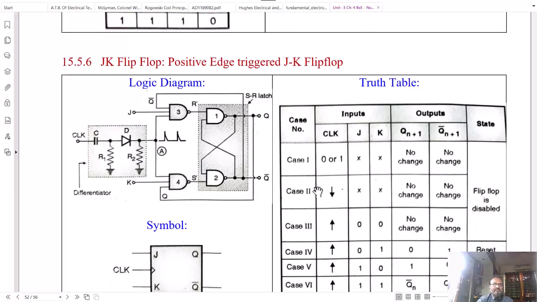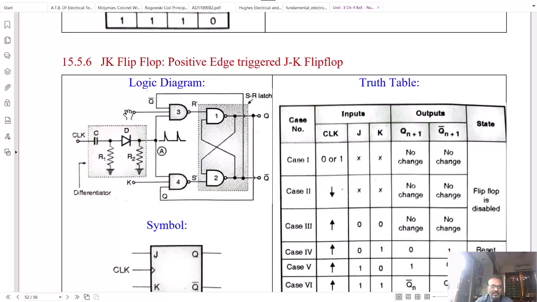Now, the JK flip-flop implementation with positive edge triggering is shown here. Again, if you see what is the difference, gate 1 and gate 2 form a basic SR flip-flop having inputs R dash and S dash.